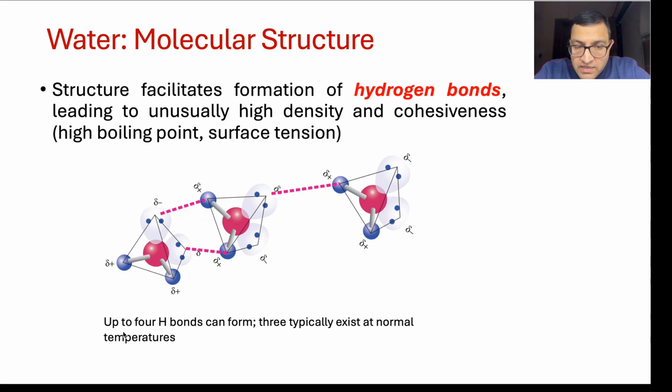Technically speaking, one water molecule can form up to 4 hydrogen bonds, but at room temperature, on average, there are typically 3 hydrogen bonds. And then water can also form, as we'll see, these bonds with other molecules, which lead to some unique properties, as well as dissolution of salts and so forth.